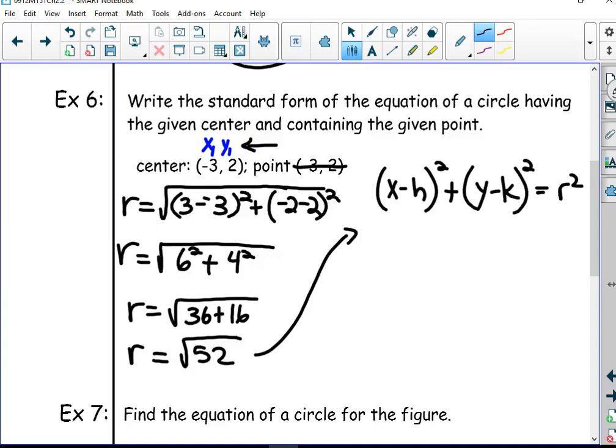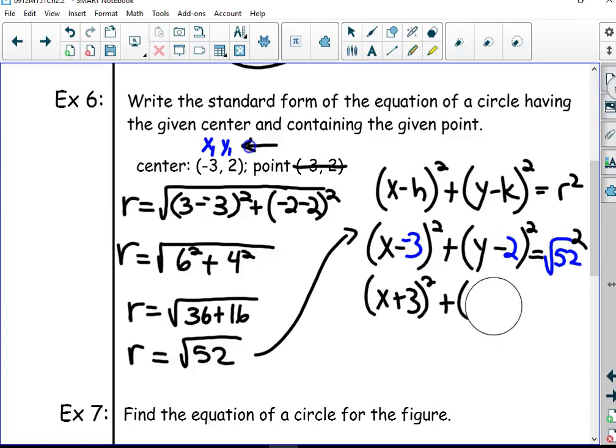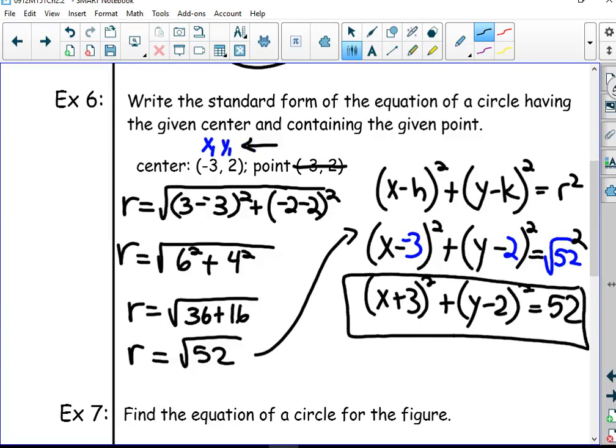And h and k are just x1 and y1. I hope that's not confusing. Substituting. And simplifying. And done.